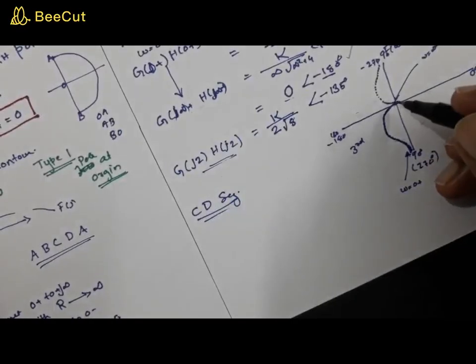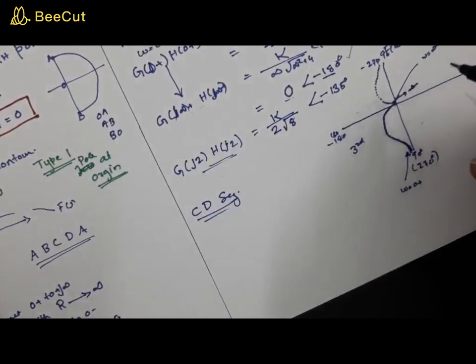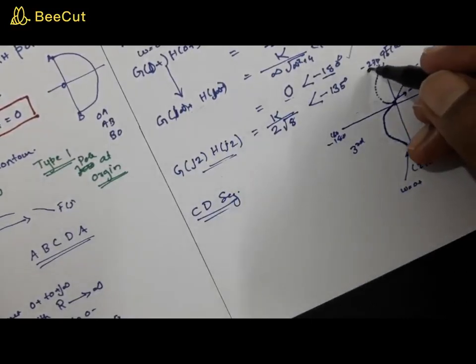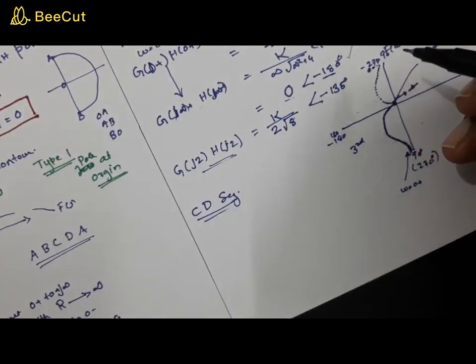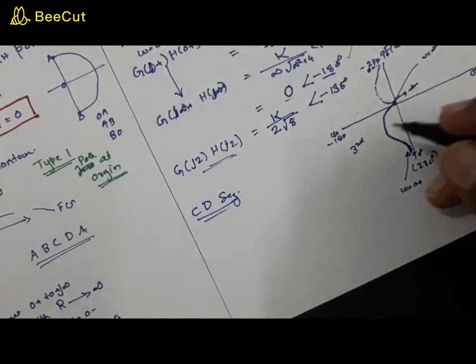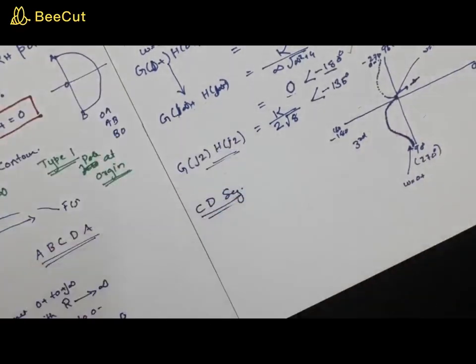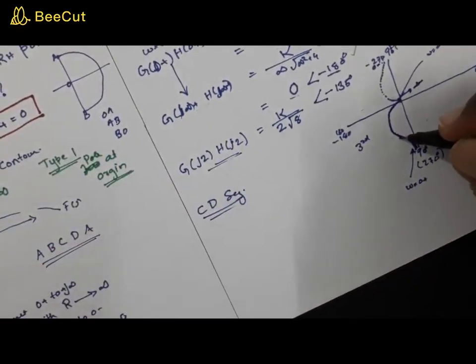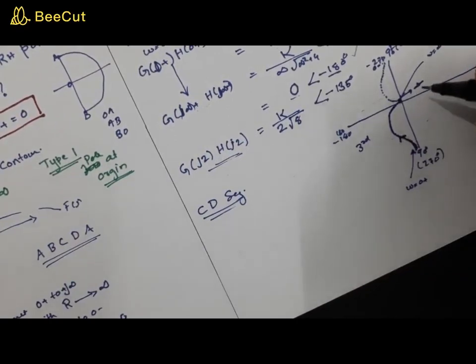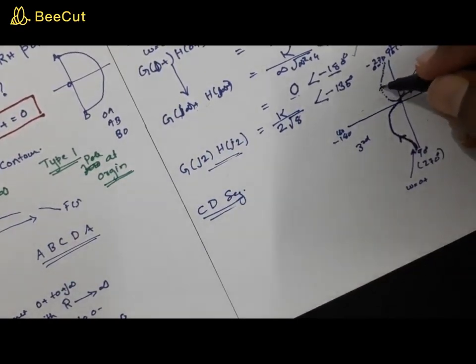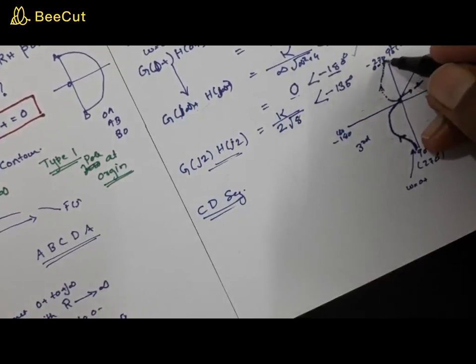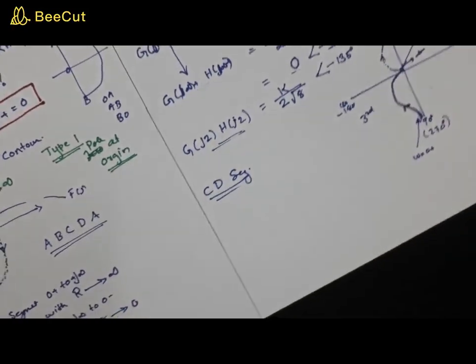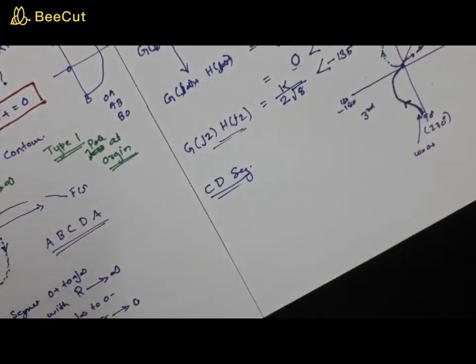So this is the point corresponding to j infinity minus, and this is the point corresponding to 0 minus. So you have to mark the point. It is plotted in such a way that 0 to infinity plus, and j infinity plus to j infinity minus to 0, and it goes on like this. Hope things are clear.